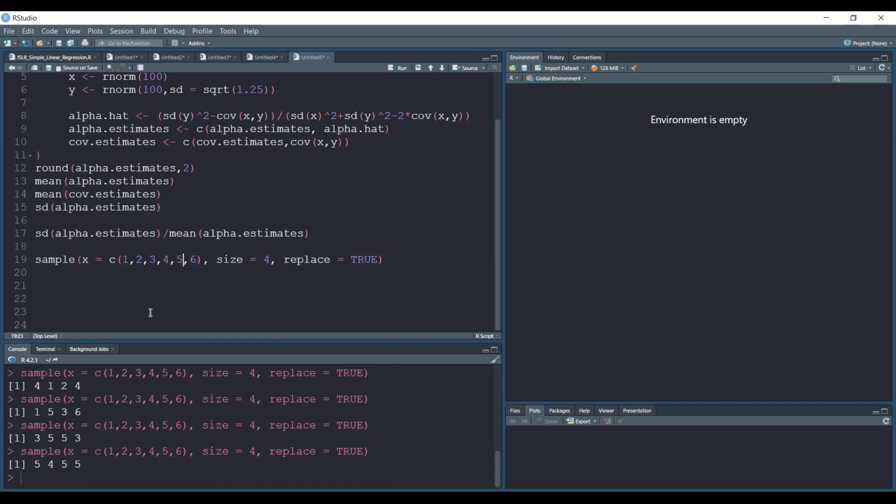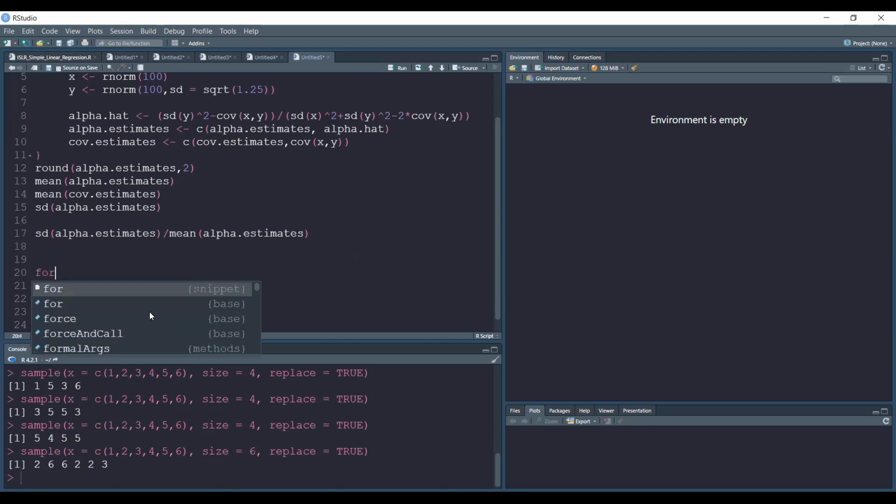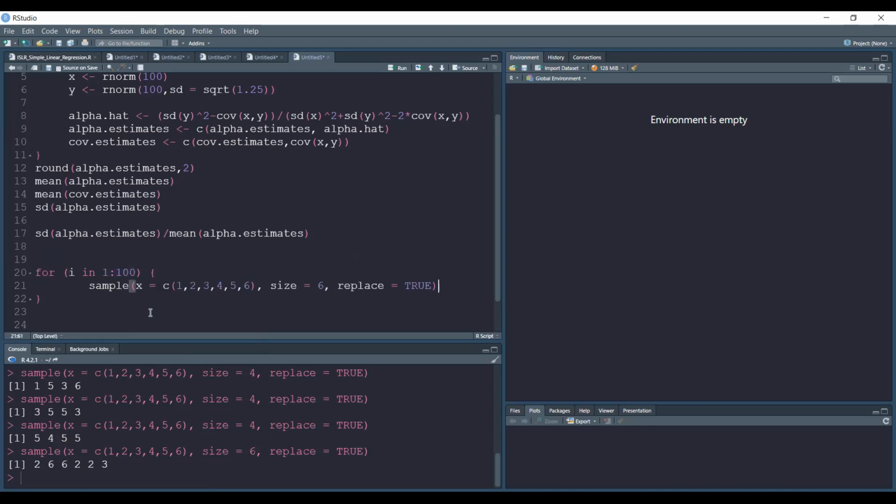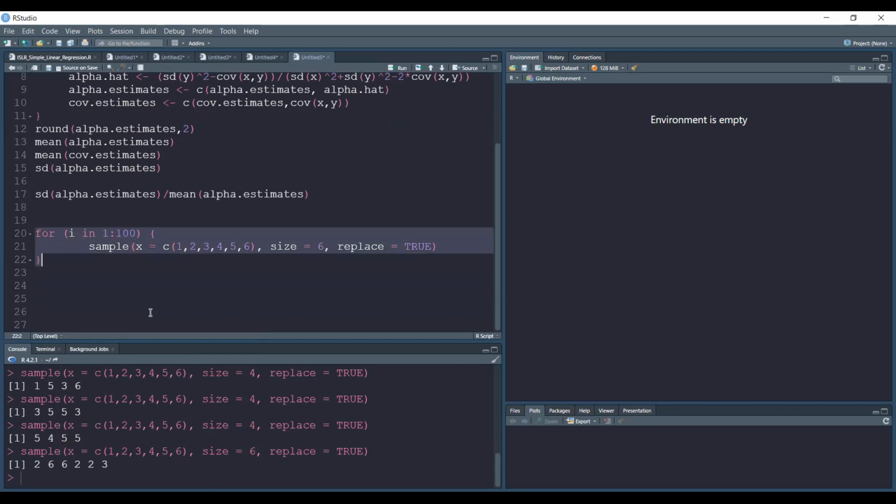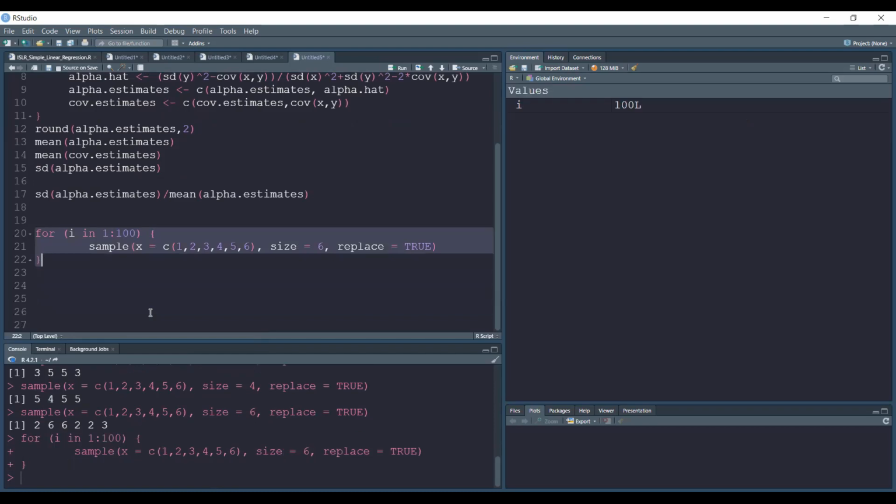Let's pick all 6 of them, like what the book is doing. Let's pick all of them, like this. And maybe you want to do it 100 times, for example. So 1 to 100. If I run this, it doesn't actually display each one. You probably have to save it as something, for example, randomized.